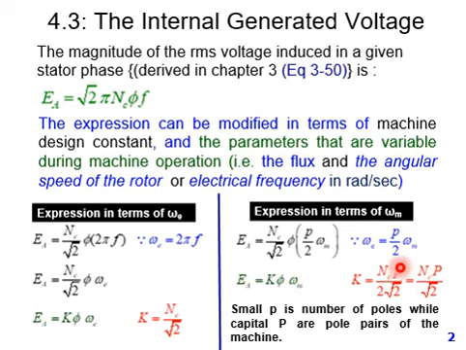So the small p is the number of poles, while this capital P can also be written if we are considering pole pairs of the machine.